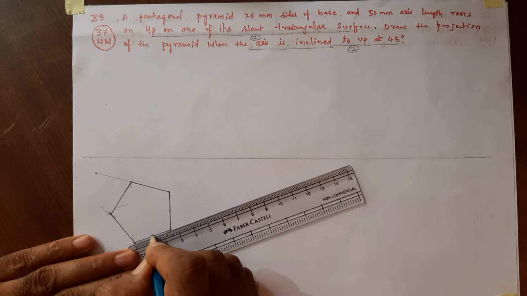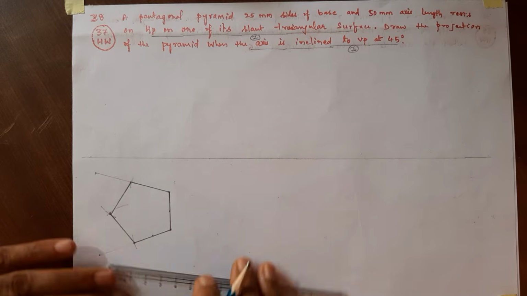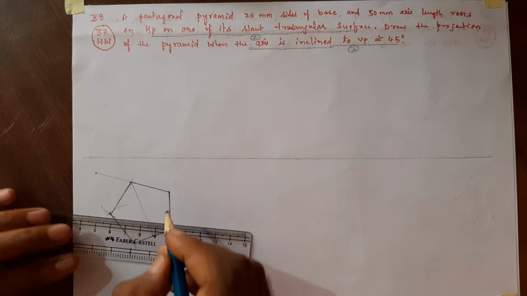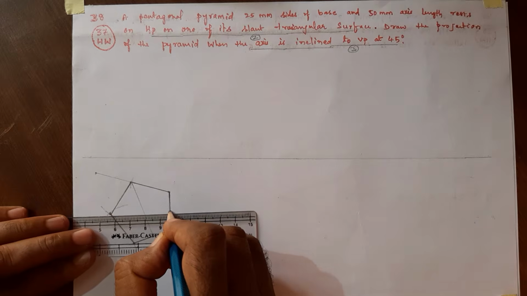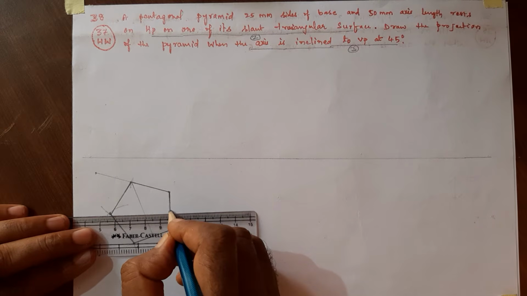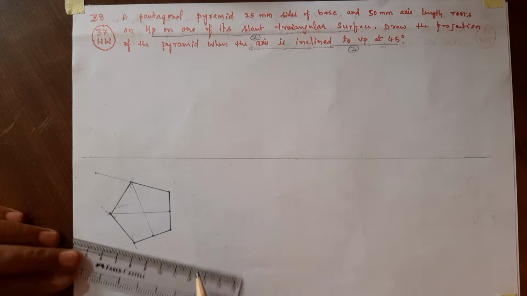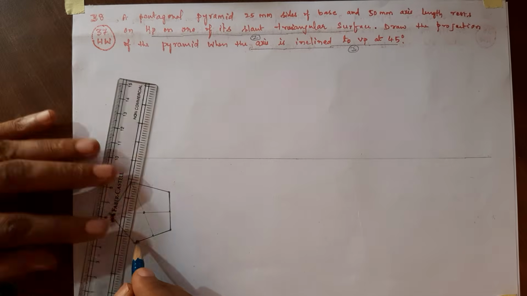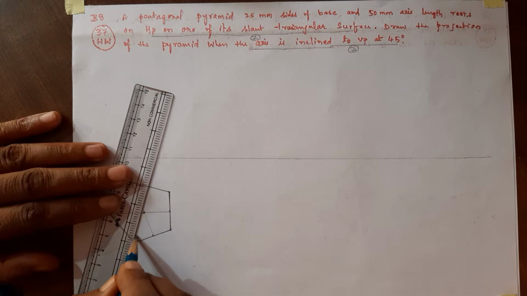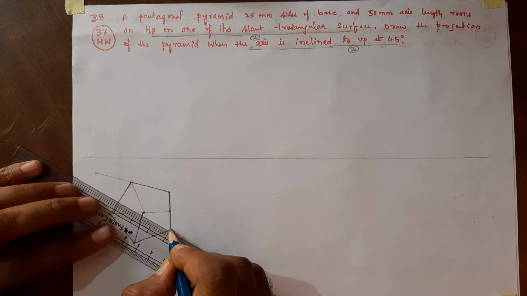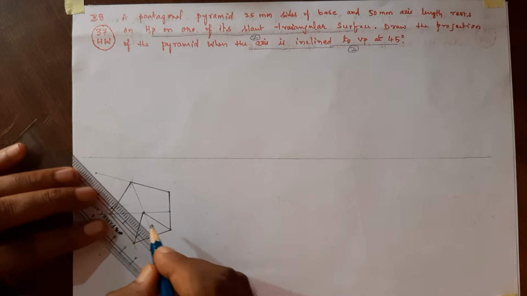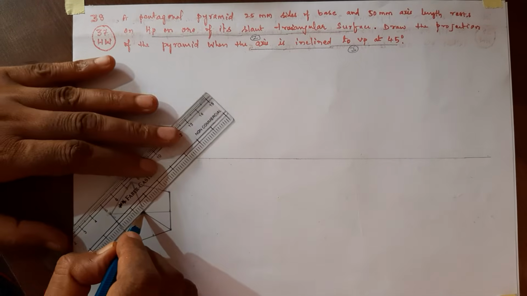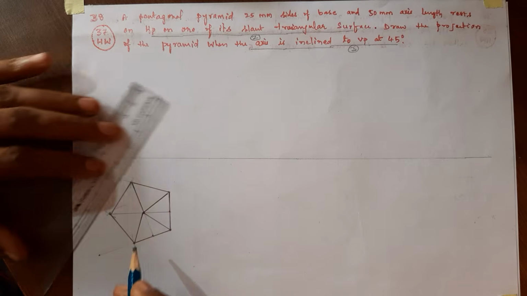Okay, join the opposite corner to the midpoint of the side to get the center of the pyramid. Then join all the corners to the center point.